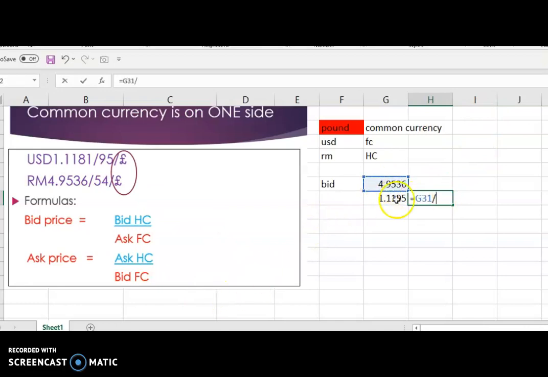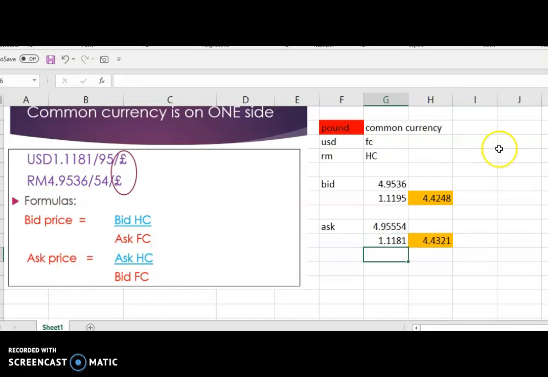So this is the answer. Now I want to compute the ask price. I take the ask home currency, so I go to RM and take the ask, 4.9554, and then the bid foreign currency. I go to USD, 1.1181.